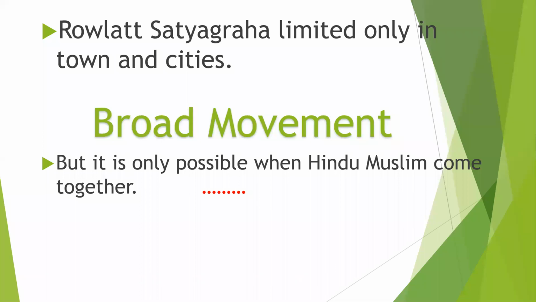The Rowlatt Satyagraha was limited to towns and cities. Mahatma Gandhi wanted Swaraj, but this Swaraj would come after a broad movement. एक बड़ी movement चलाने के बाद start हो सकते हैं. But this broad movement can be possible when Hindus and Muslims come together. जब हिंदू और मुस्लिम इकट्ठा मिलकर एक तरीके से प्रोटेस्ट करेंगे, then a broad movement can be started.